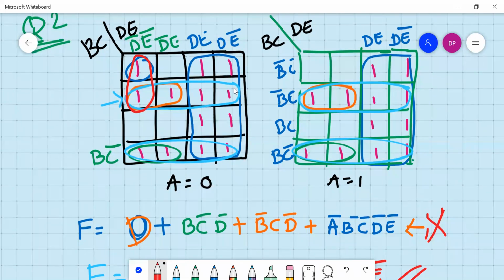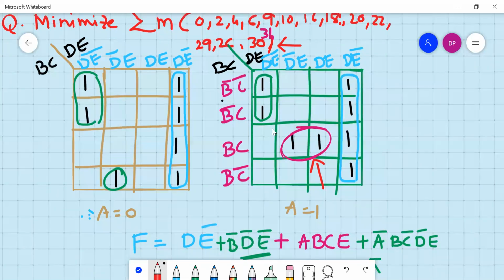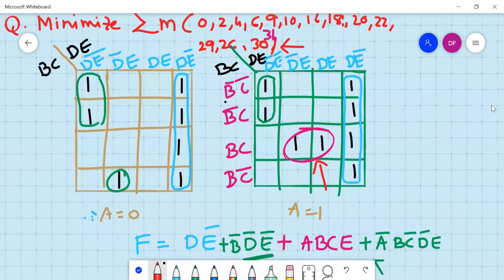What can we take? We have taken this sky color as a group of 8, then this green color as a group of 4, this 2 and this 2. And this pink color is a group of 2 only, right?